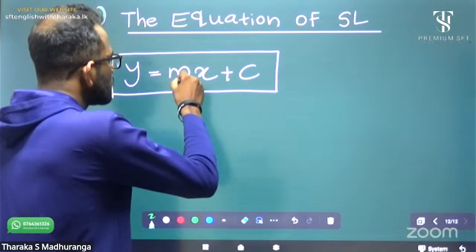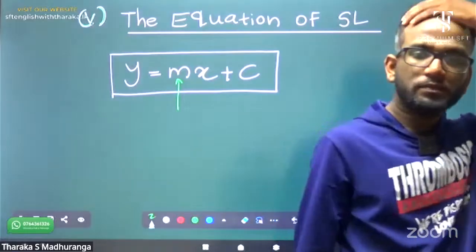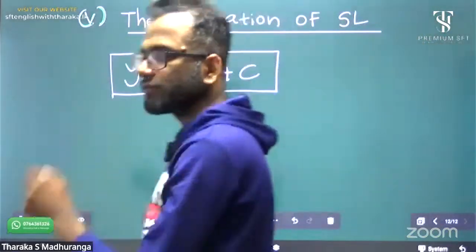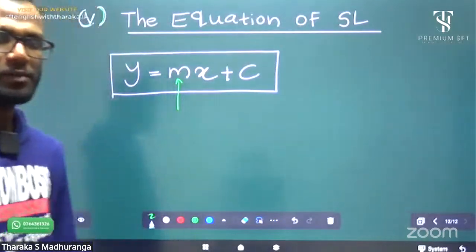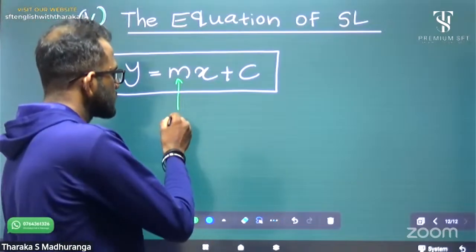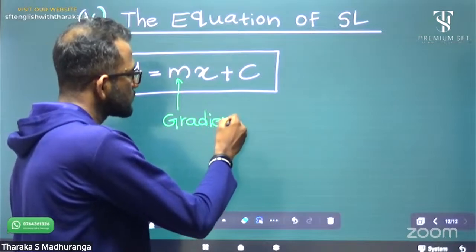Do you know what's the meaning of m? What's the name of m? Very good. It is gradient. m is the gradient.